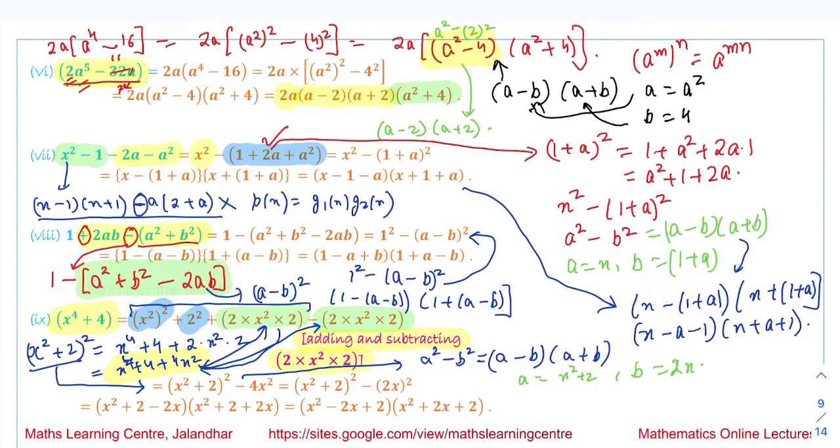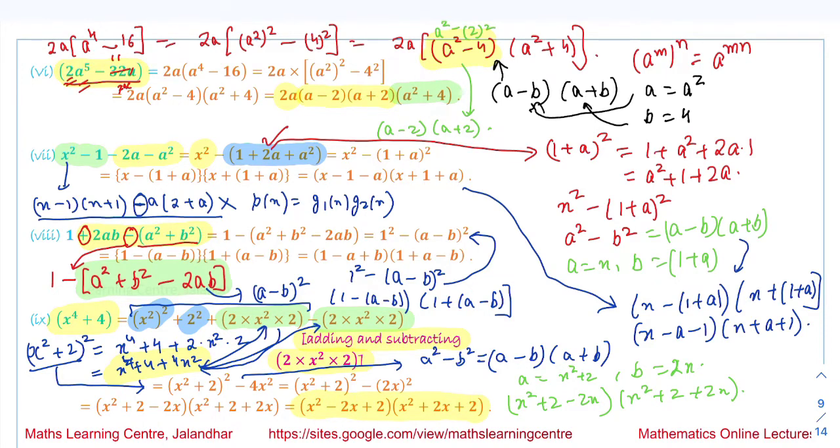When you put these values in, you get the answer (x² + 2 − 2x)(x² + 2 + 2x). So this is our final answer.